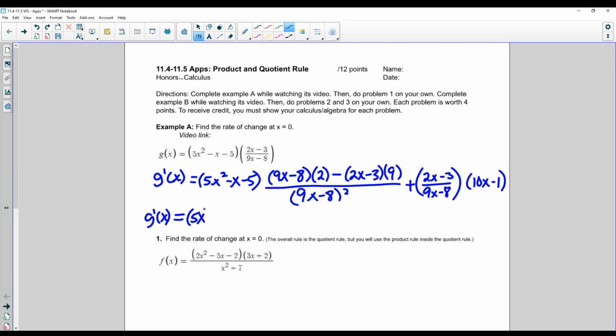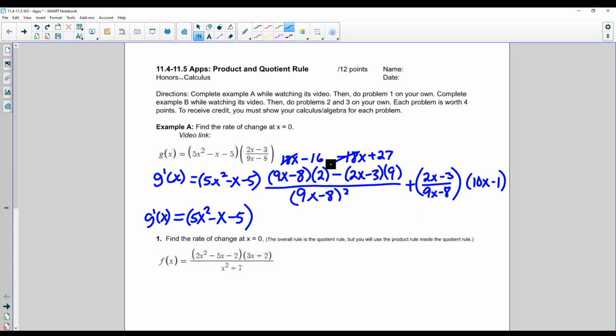So I'm going to take my 5x squared minus x minus 5. I'm going to distribute these two together. I hope you guys don't mind, I'm going to write it right above it, save some room. So I'm going to get an 18x minus 16, and here I'm going to get a minus 18x, and a negative plus 27. I'm going to put those together.